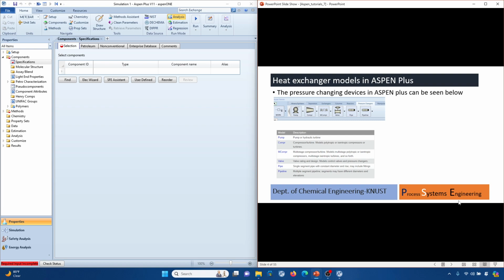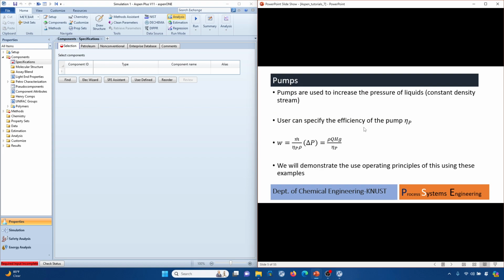When you go into the Aspen model palette, the pressure changers are located there. You have the pumps, compressors, valves, and pipes, and some of them represent the same function, just in a different convention. For instance, the compressor block is also used for the same purpose as the turbine. It just depends on what you select and the input and output for your stream.